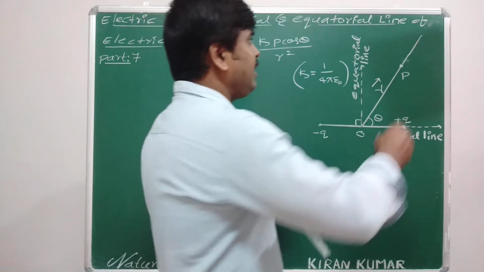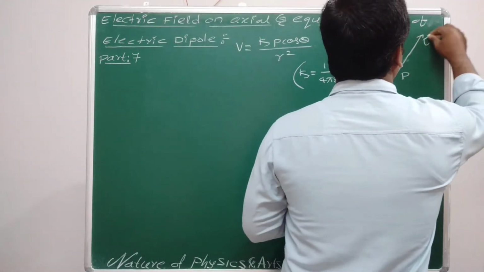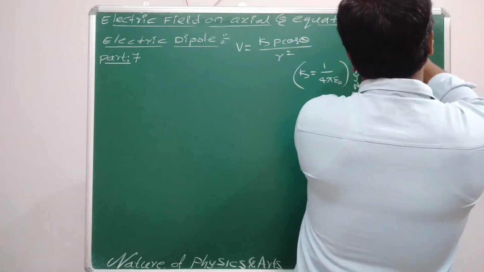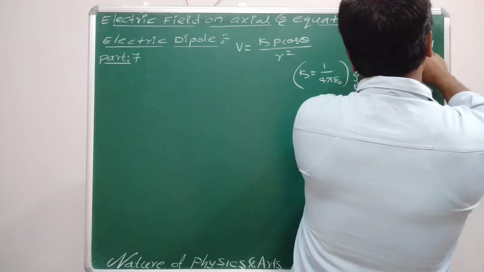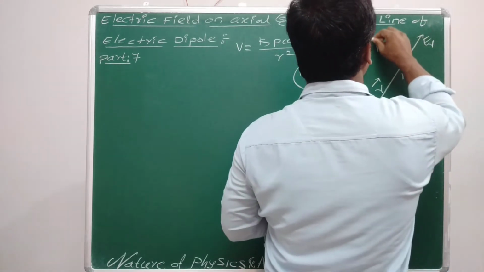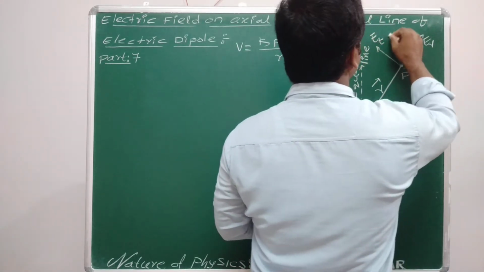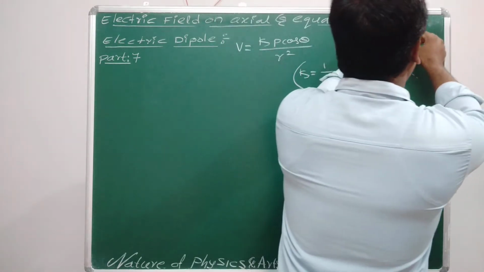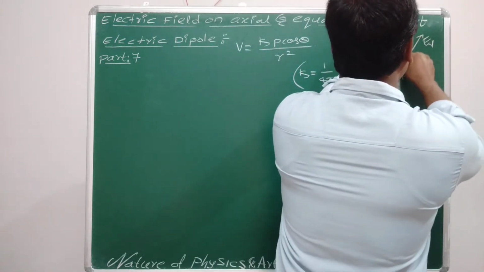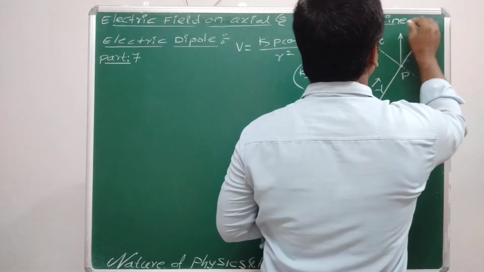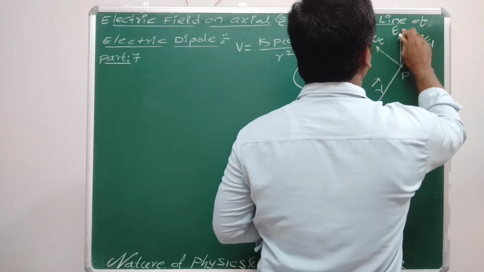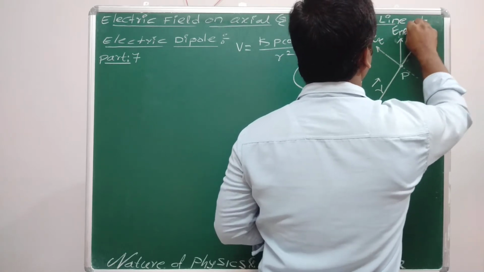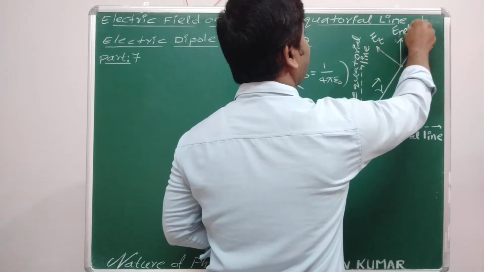Already I told you the electric field is resolved into two components. One is E_r, which is the radial, and E_t is the tangential, and the net value is E net. So this is E net, the net electric field.